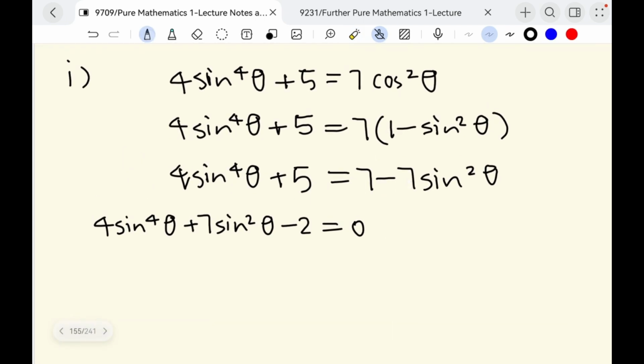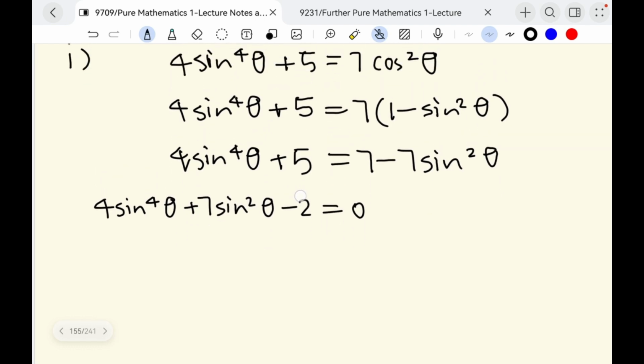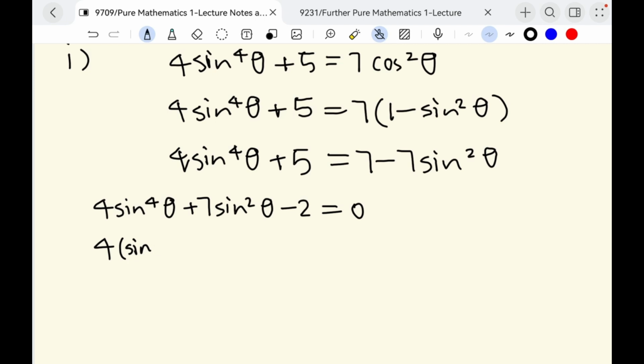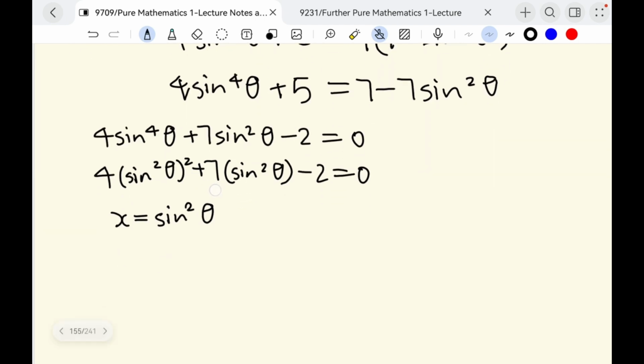But we have to do another extra step, which is to substitute away the sine square term, like this. As you can see over here, the sine square term can be replaced by x. So you can say x equals sine square theta, okay? So it is replaced by x.